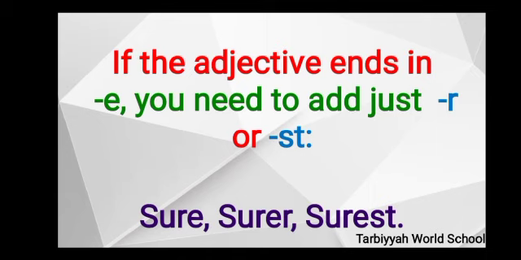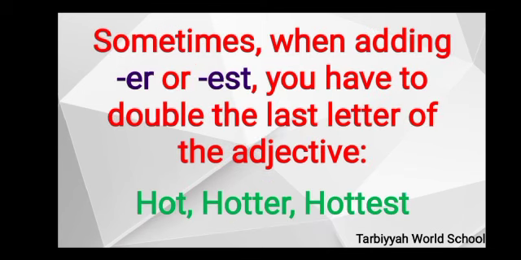Okay? For example, brave, braver, and bravest. Okay? See, sometimes when we add er or est, you have to double the last letter of the adjective. Hot, hotter, and hottest. Like this.